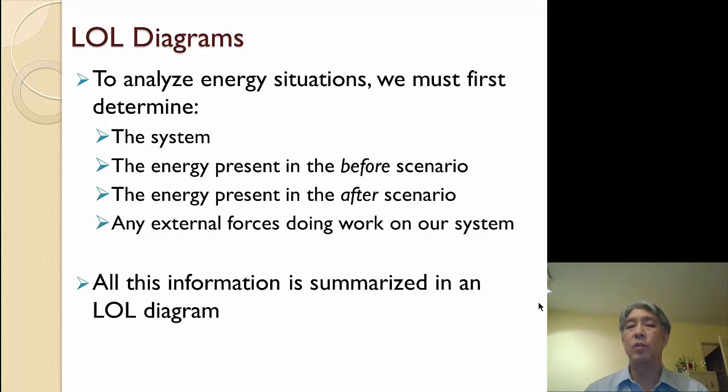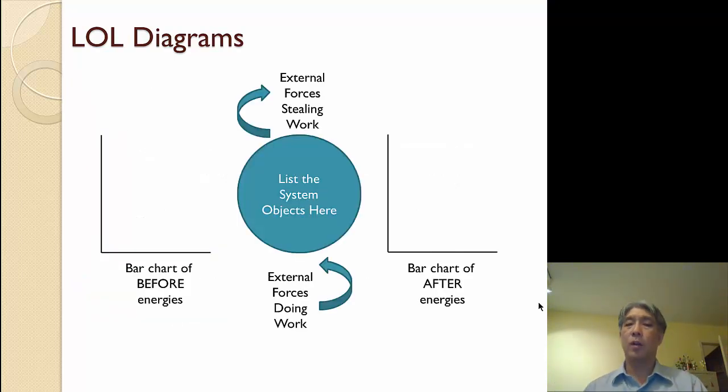The primary tool that we're going to use to help us apply conservation of energy is what I call an LOL diagram. This diagram helps us to analyze the energies in the before and after and any external forces doing work in our system. This is what an LOL diagram looks like. It's basically a bar chart of the energies before.